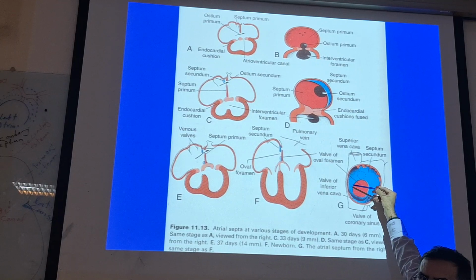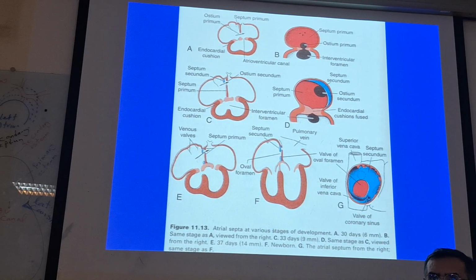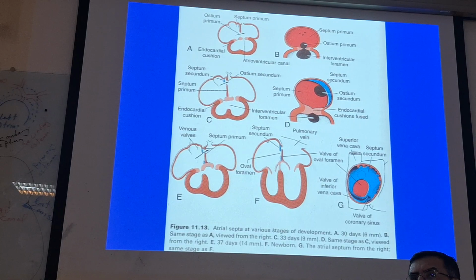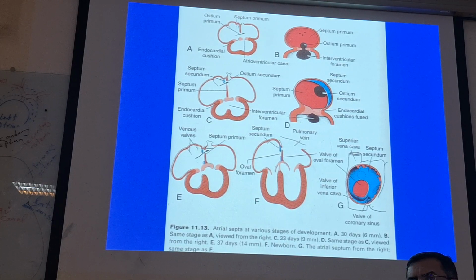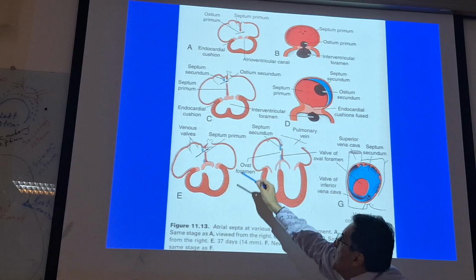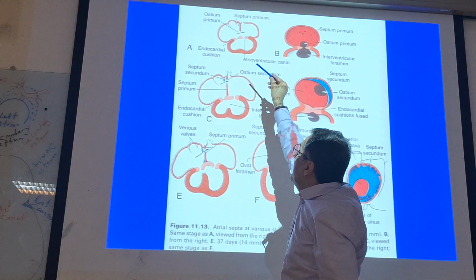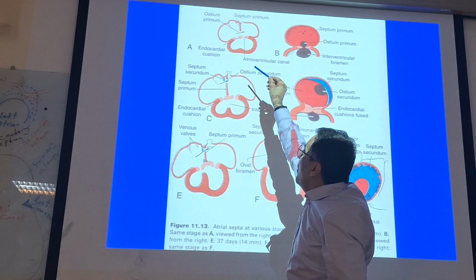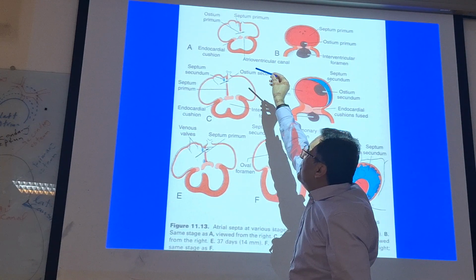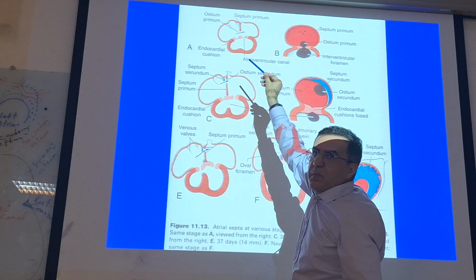Is it clear? Yes. Doctor, can you go through the process of them getting made, developed? The septum primum and ostium primum. I told you that first of all the septum primum is coming down. And first of all we have a temporary foramen, that means ostium primum.